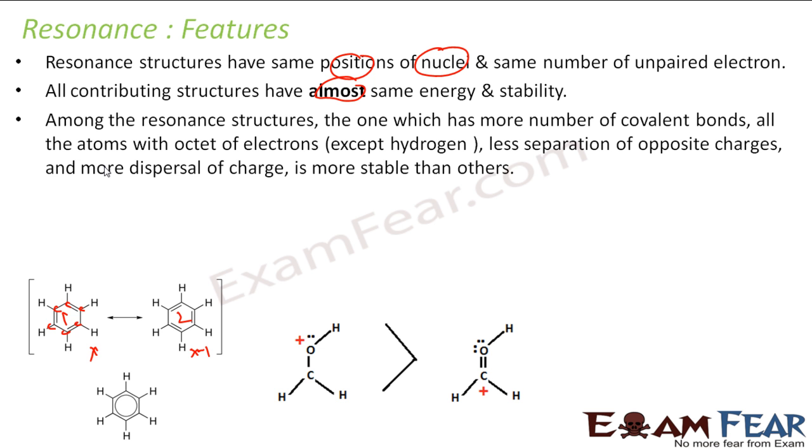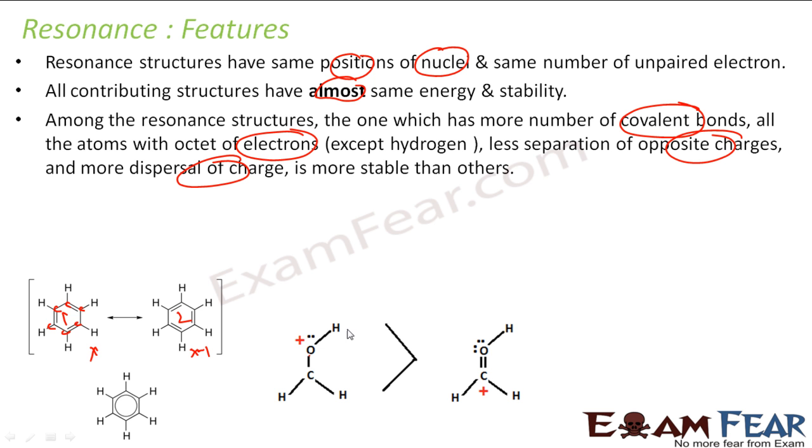Now, among the resonance structures, if you see, the one which has more number of covalent bonds, all the atoms having complete octet, less separation of positive and negative charge, more dispersal of charge, they are more stable. For example, in this case, this oxygen has 1, 2, 3, 4, 5, 6 electrons. This has 8 electrons. So in this, the octet is complete, right? This octet is not complete.